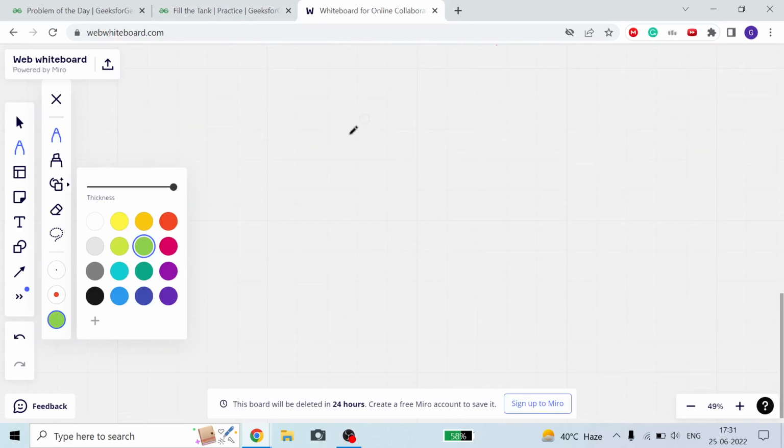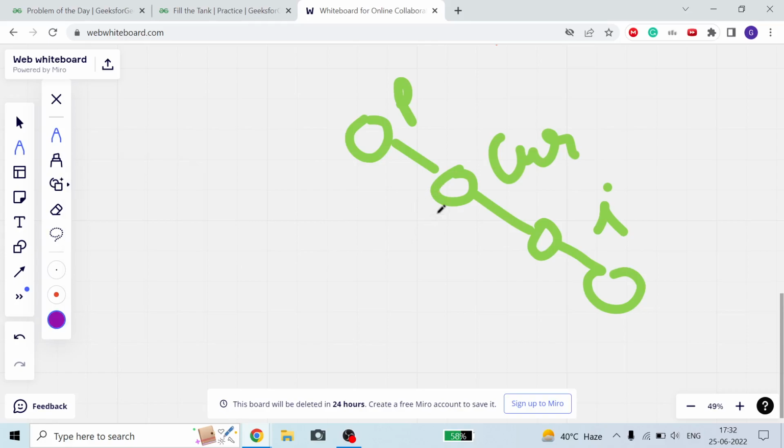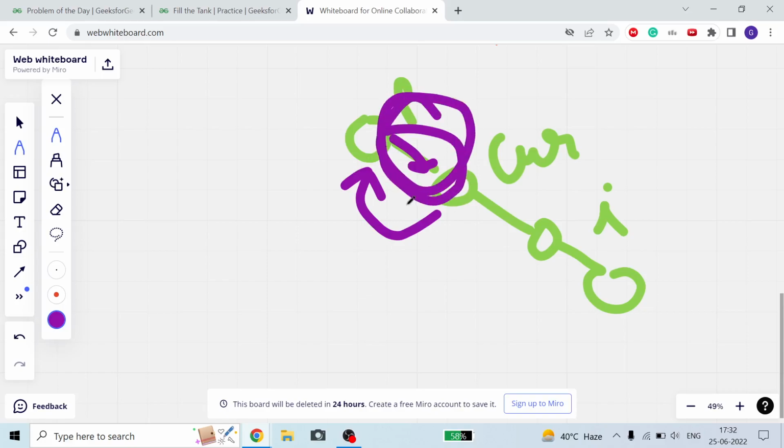Why am I telling you this? Suppose my current is this, my ith is this, my parent is this. If from current I go to parent, then from parent I come to current, then from current I go to parent again, it will make a cycle.